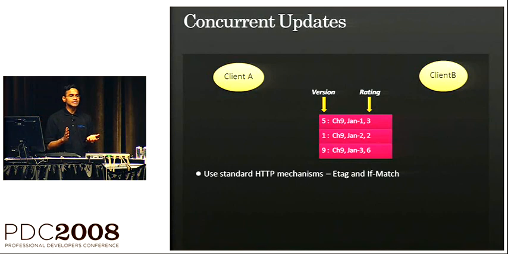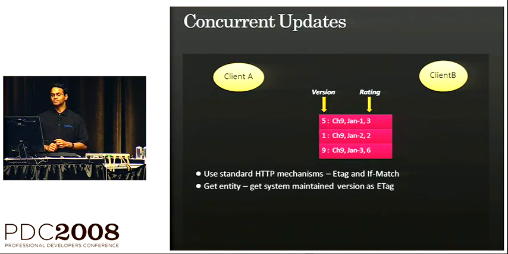The mechanism we use is built on top of standard HTTP mechanisms. In particular, it's the e-tag, which tells you what version a given entity is at, and the If-Match header, which allows the client to tell the server what version it thinks it's updating. Both clients A and B are trying to update the entity in the middle, which is channel 9 created on January 2nd.